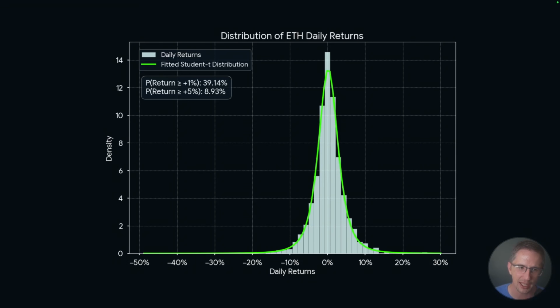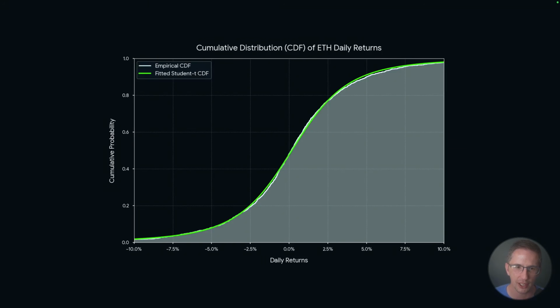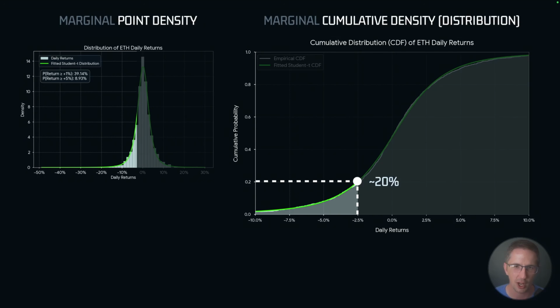And we can also analyze Ethereum a different way. We don't have to look at it just at any point. This is known as a point density. We could also look at it based on a cumulative density, which is essentially just that chart before and summed up. So for example, here on the right, I could say, what is the probability of Ethereum's returns being less than or equal to 2.5% on any given day?